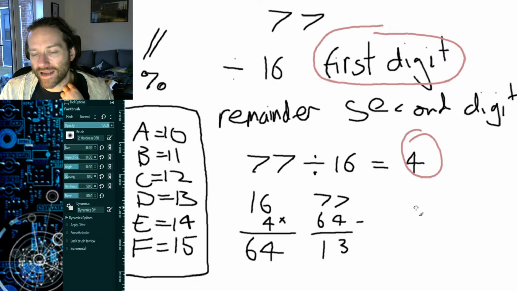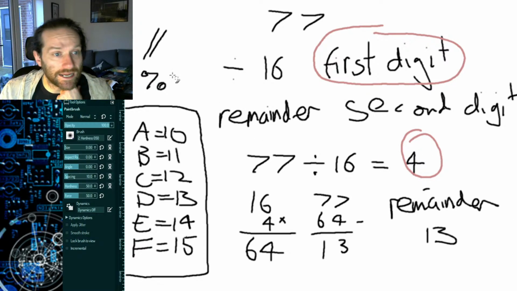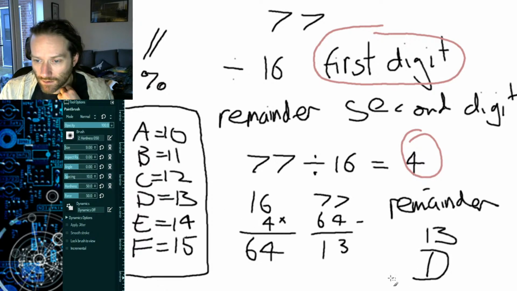I can see the remainder is 13. So 13, that's our second digit. Look up 13 and it is D. That's our second digit.